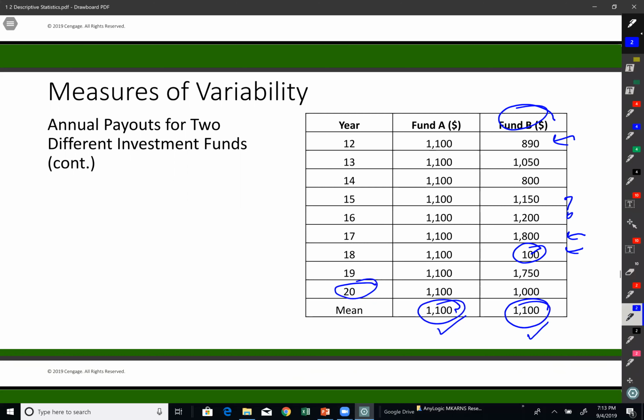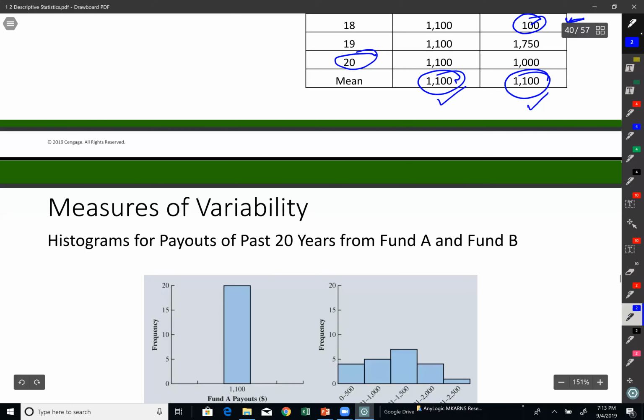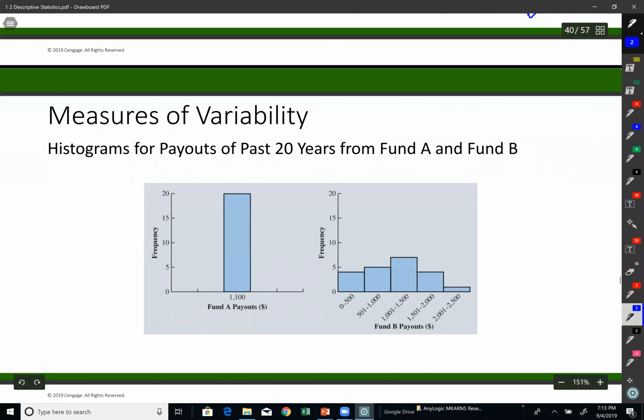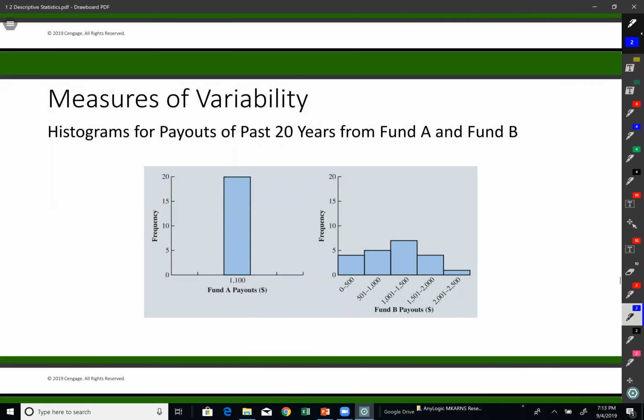So if this is a business, you may go bankrupt if you have, let's say, expenses of 1,100 every month or every year, because this year, for example, you cannot pay the bills. So variation is not something that we really love as investors. Okay, so here is the histogram for those variations.